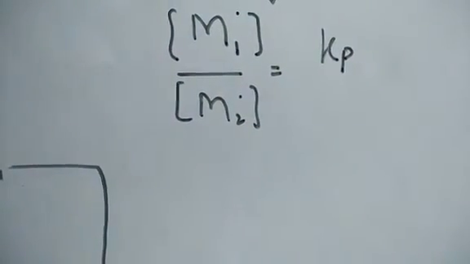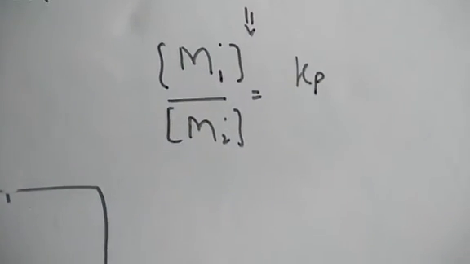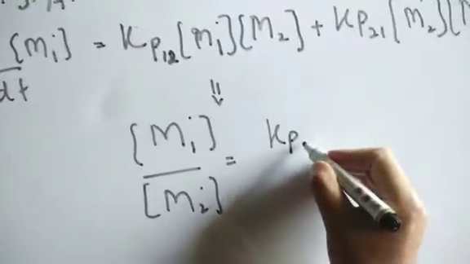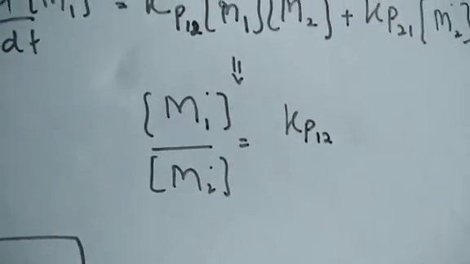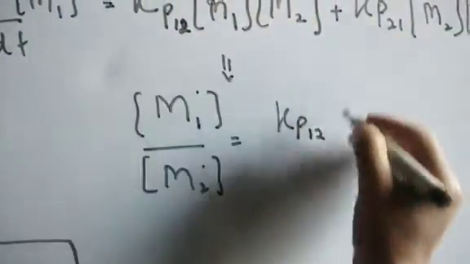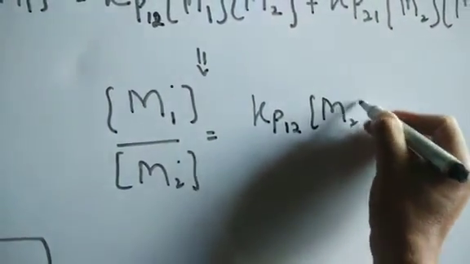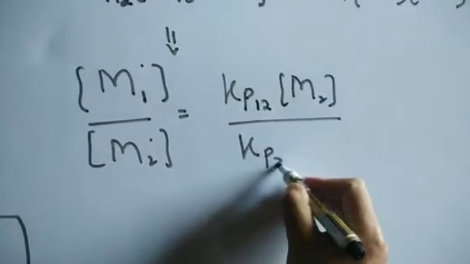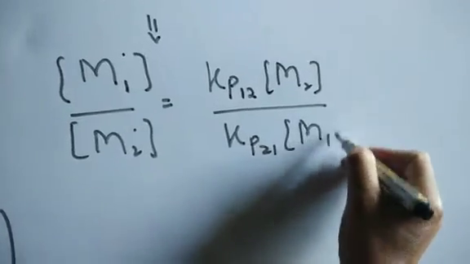So this by this you'll end up with Kp, sorry, it was 1 2 because of this step, so it is Kp12 M2 divided by Kp21 M1.